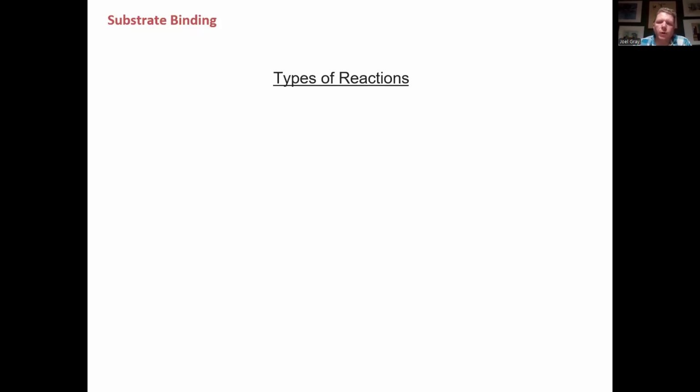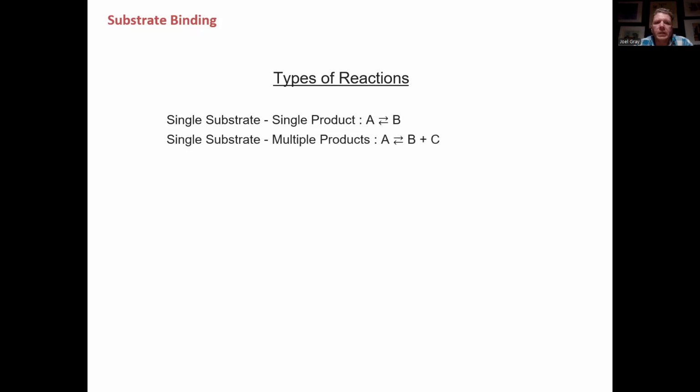Now, there are multiple types of reactions. This is independent of multiple types of enzymes. This is multiple types of reactions with respect to a reaction pattern. Now, there are single substrate, single product reactions. Simple as can be. A is converted into B. Single substrate, multiple products.